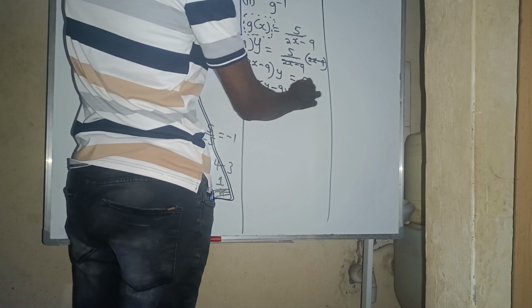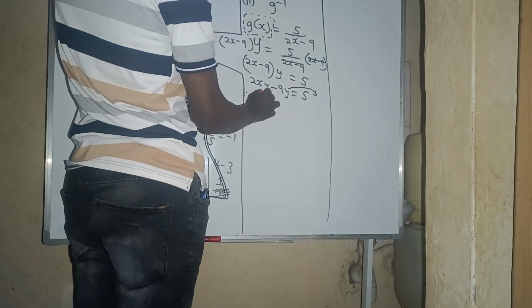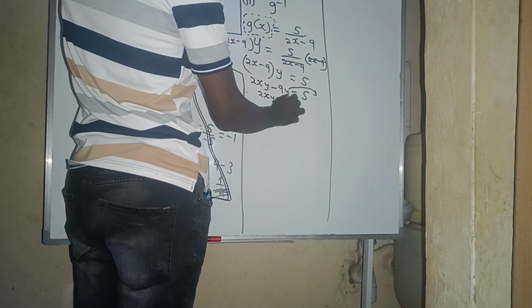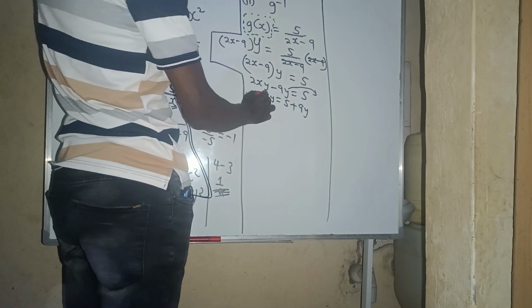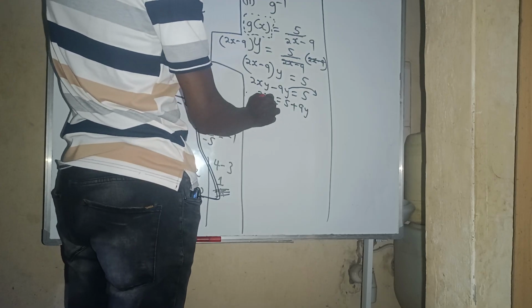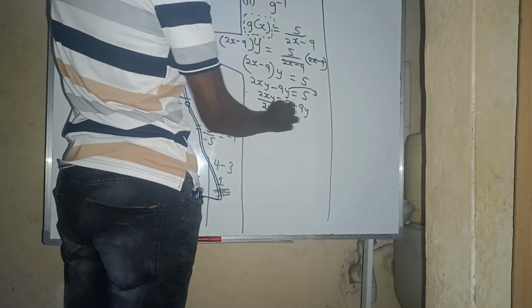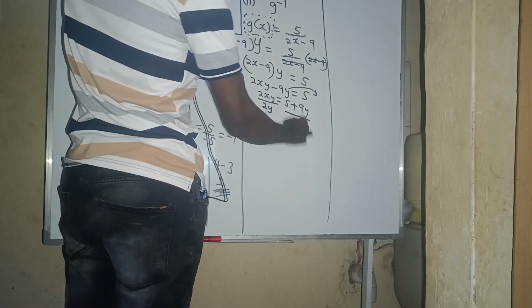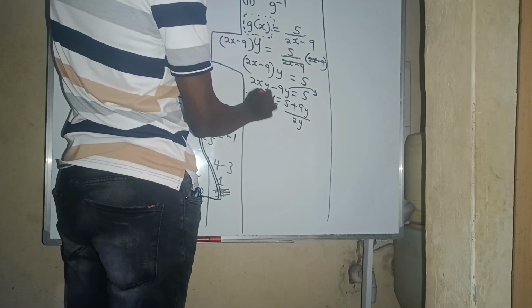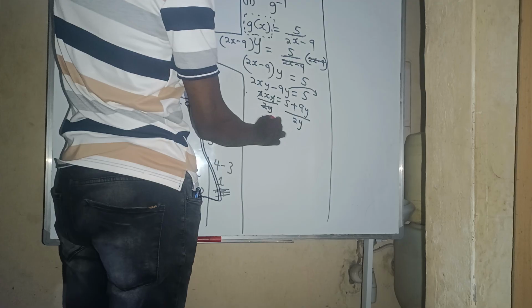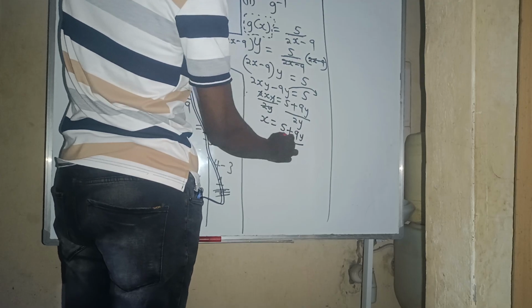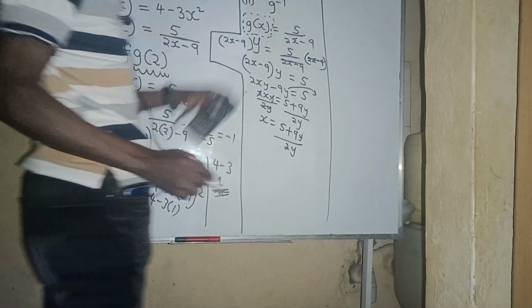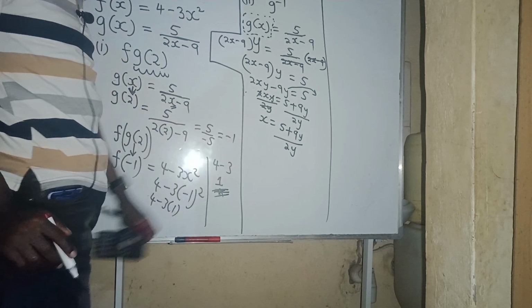So I'll take 9y to this side. So I'll have 2xy is equal to 5 plus 9y. Then next, I'll divide all through by 2y. So I'm going to have x as 5 plus 9y over 2y. So you see, I've now made x the subject of the formula.